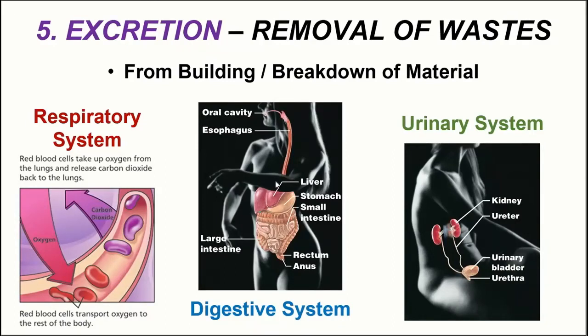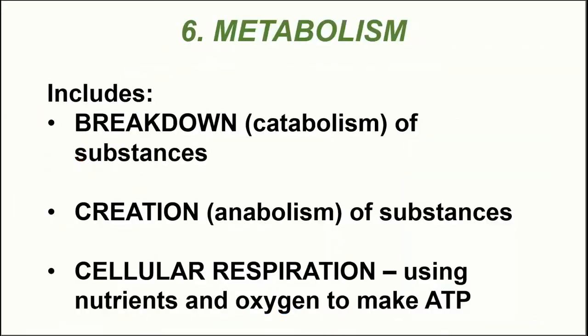The digestive system is removing solid, undigestible waste from the breakdown of foods that we had just talked about in the previous slide. And the urinary system is removing nitrogen-containing waste from the blood. Those nitrogen-containing wastes are produced as a result of the breakdown of amino acids or nucleic acids. So we've got a couple of different organ systems here that are removing different types of wastes in our body.